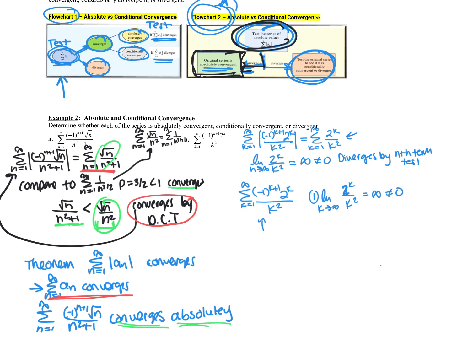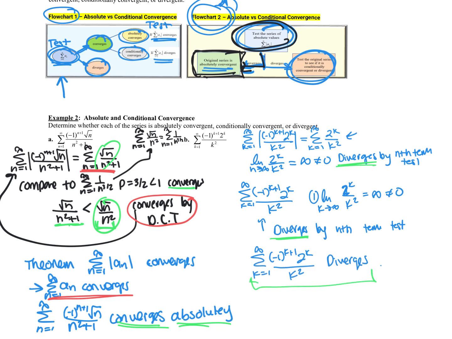So this guy also diverges by the nth term test. So in general, we will say that this guy diverges because both diverge. The absolute value and the non-absolute value both diverge. So this guy just diverges. So both diverging means divergence.